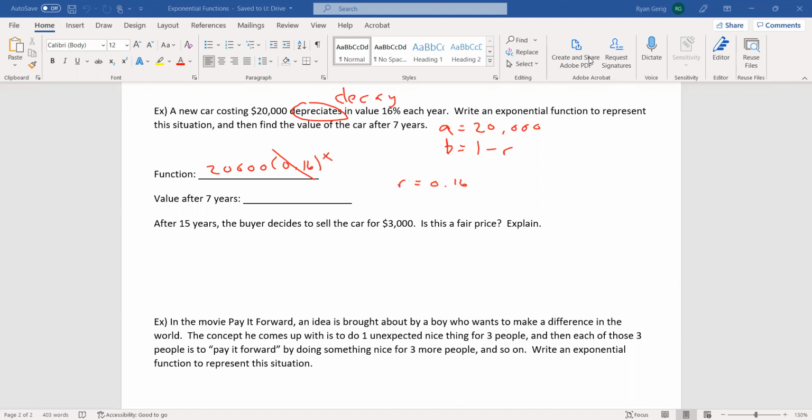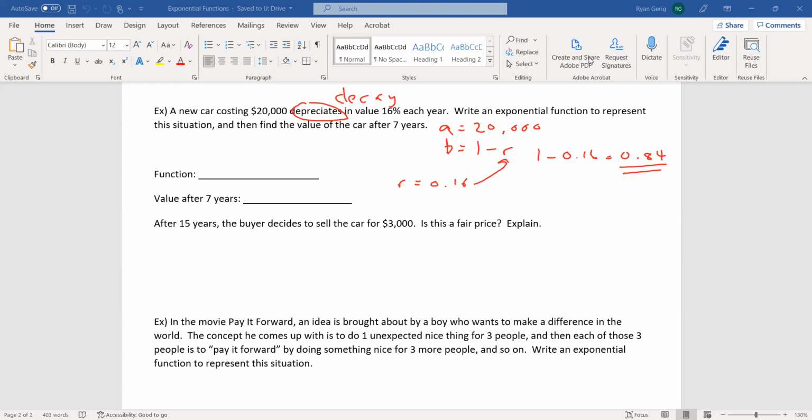What you need to do is take that and put it here: 1 minus 0.16 is 0.84. Decay is a little tricky because 84%, you don't see that in the problem anywhere. 84% was not in the word problem at all.